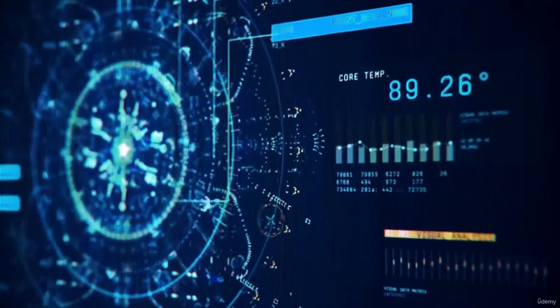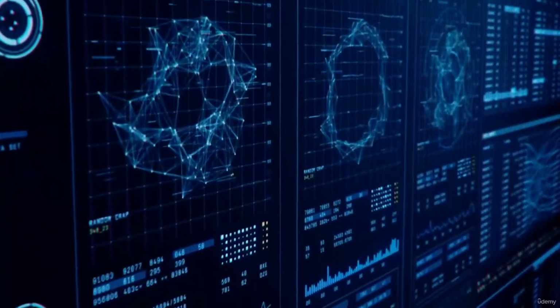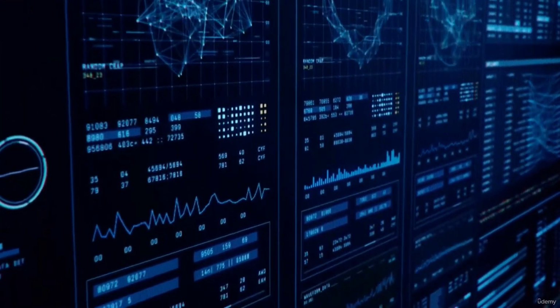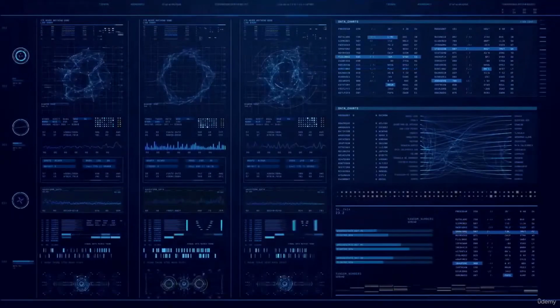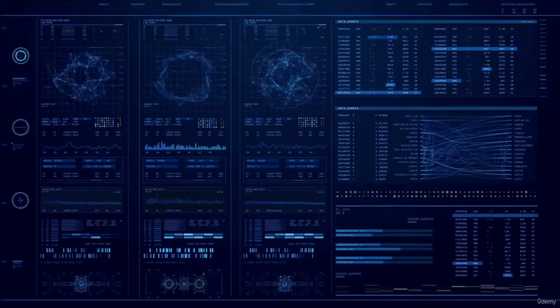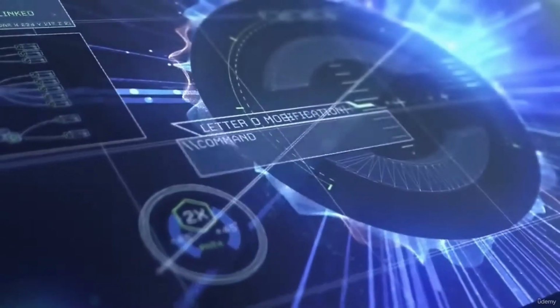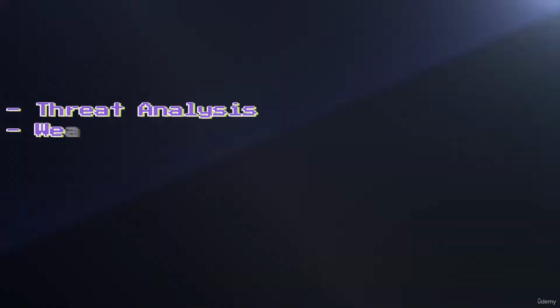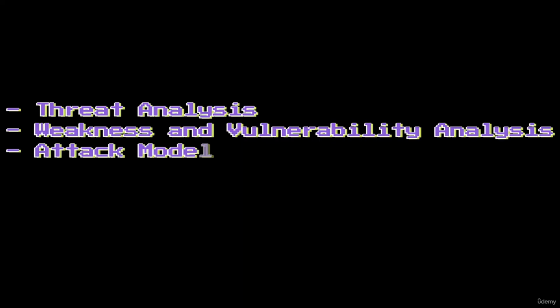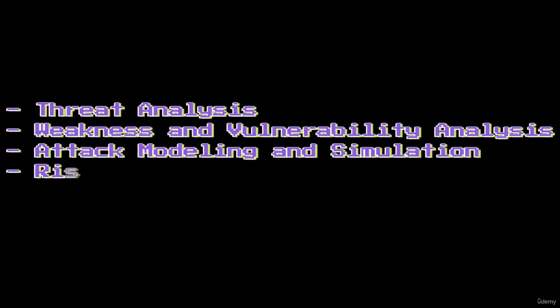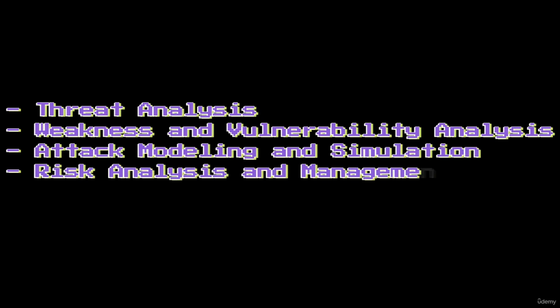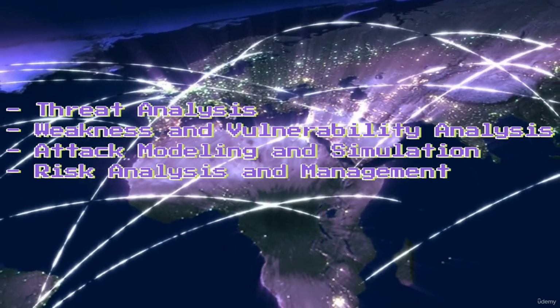These stages are definition of the objectives for the treatment of risks, definition of technical scope, application decomposition and analysis, threat analysis, weakness and vulnerability analysis, attack modeling and simulation, risk analysis and management.